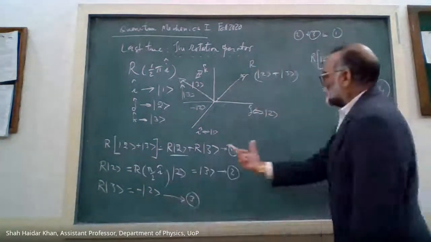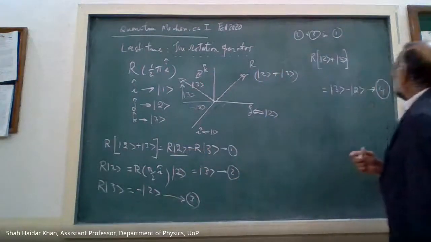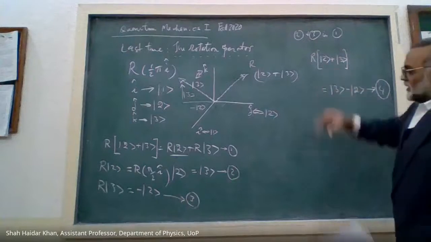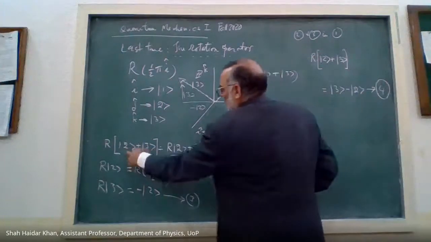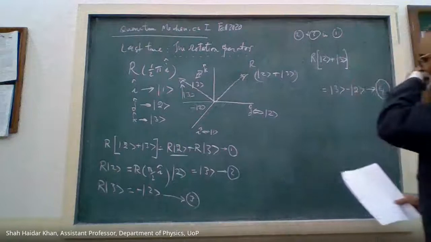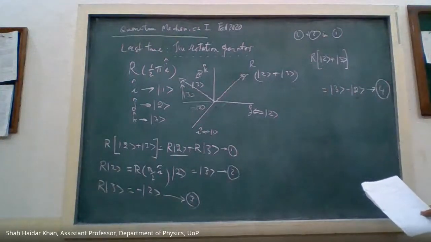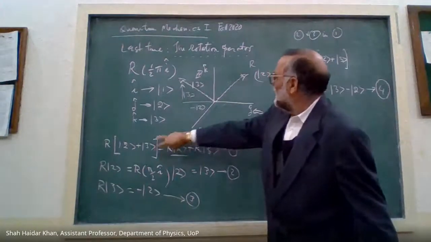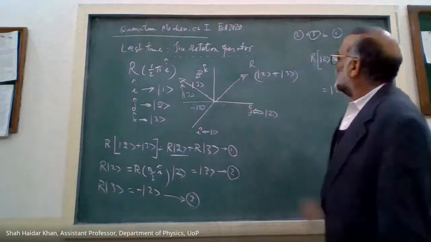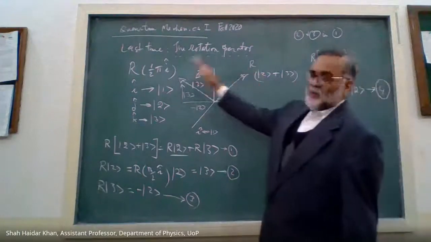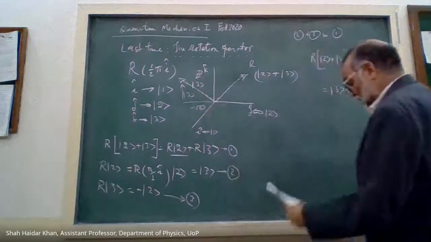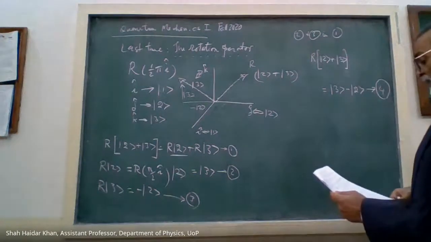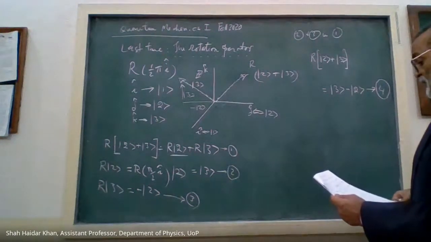This is equal to R2 plus R3. Look, we got it. We put these values here, right? If you apply this, if you want to see here, this is 2 plus 3, and it gives you the same thing. So that is an example of our explanation of the situation.